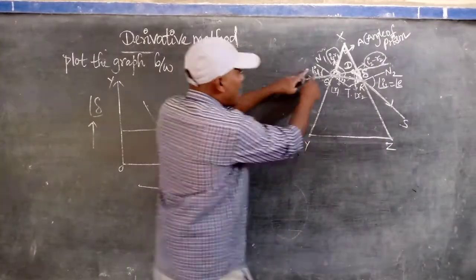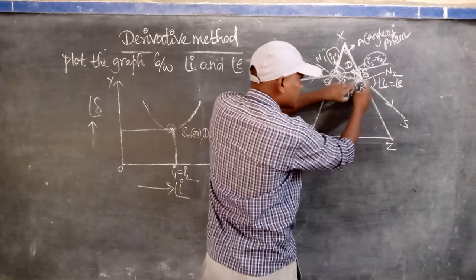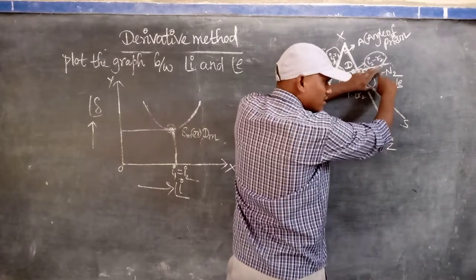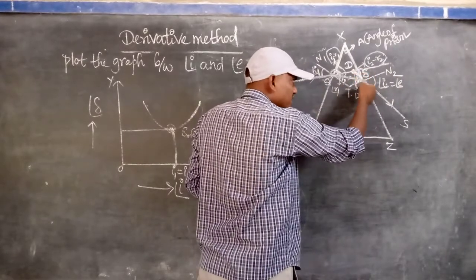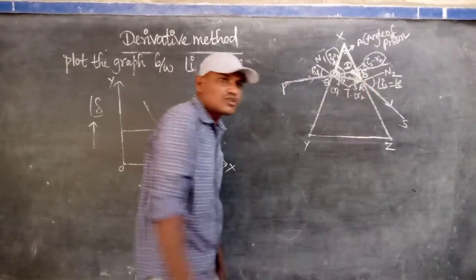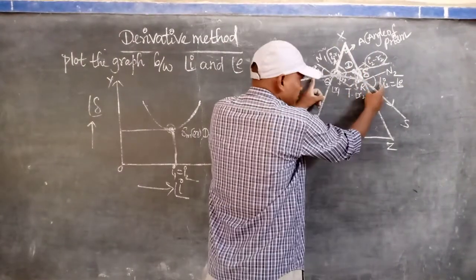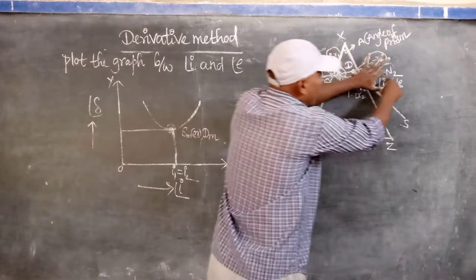Listen, I1 is 30, R1 is 20. Same here: I2 is also 30 coming outside, but by placing the protractor here, R2 will also be 20 only. That's why I1 is equal to I2 and R1 is equal to R2.